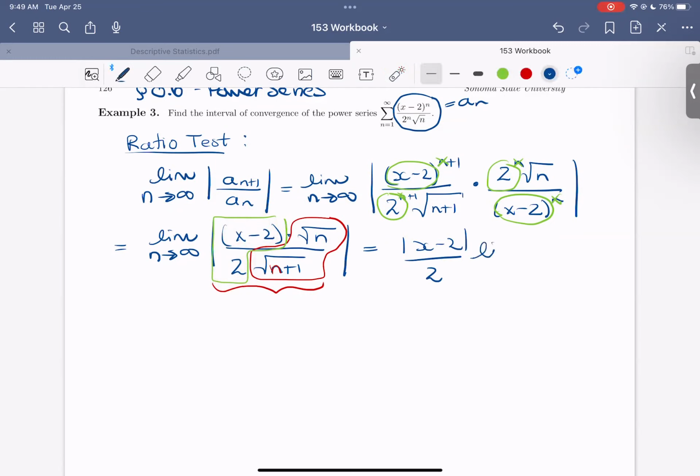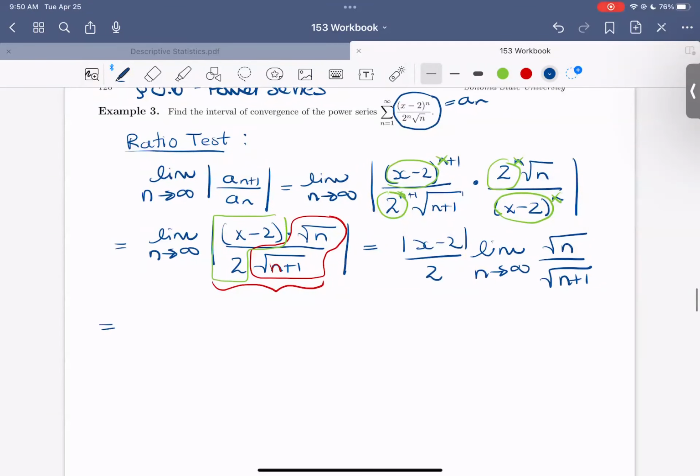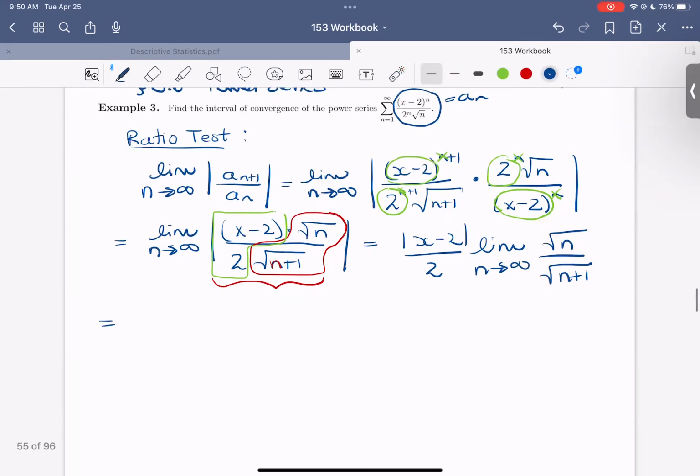So now I can multiply that by the limit as n goes to infinity of square root of n over square root of n plus 1. I don't need the absolute values there anymore because I know n is always positive. All right, so let's go ahead and simplify a few more things. Because my numerator and denominator both have square root, I can include that entire fraction within one square root.